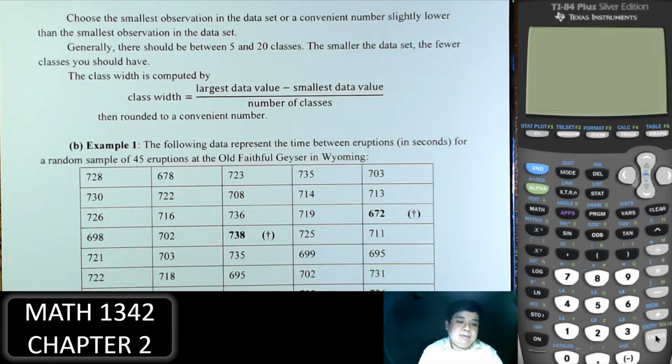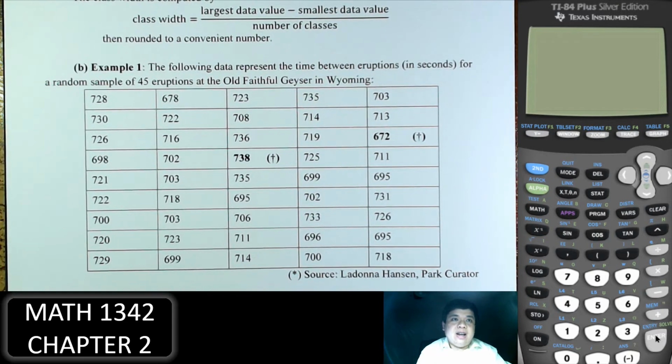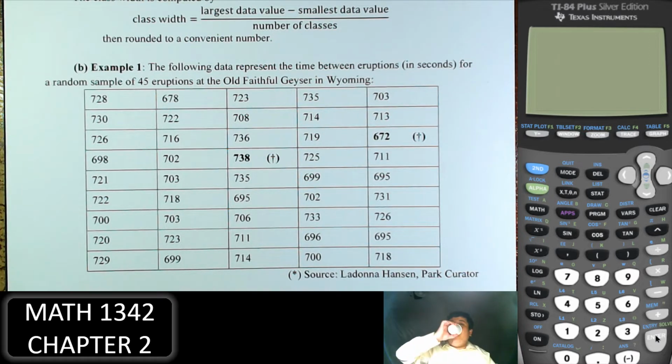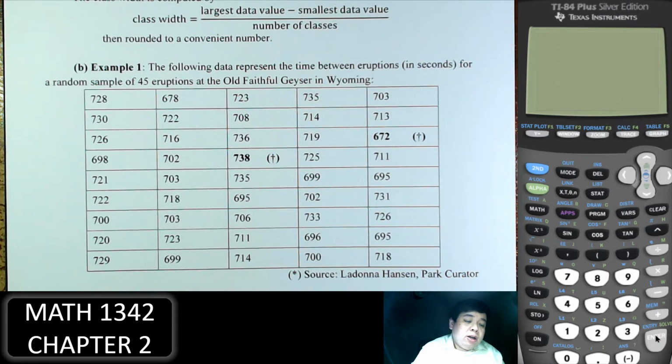Right. So next we have an example. When we look at this data set, there's a lot of data, and also a lot of different categories, so we cannot just put one column for each value. The data represent the time between eruptions for a random sample of 45 eruptions at Old Faithful Geyser in Wyoming, right?